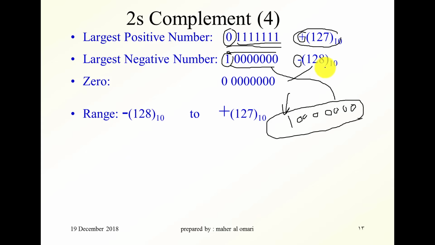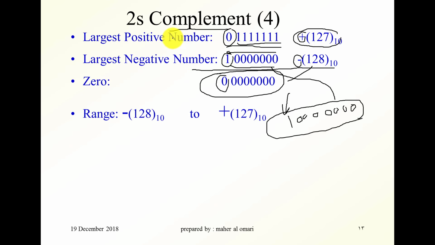So this is the smallest number, the largest negative number in an 8-bit number. The 0 has only one representation. It's a positive 0. We have no negative 0 in this format if we're using 2's complement. And this makes it a good number to use in digital systems.